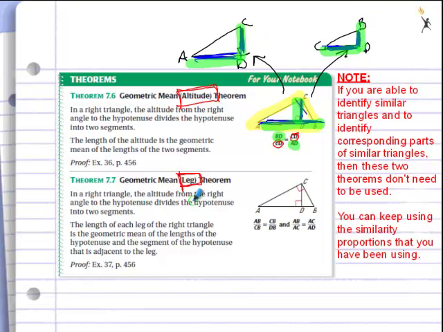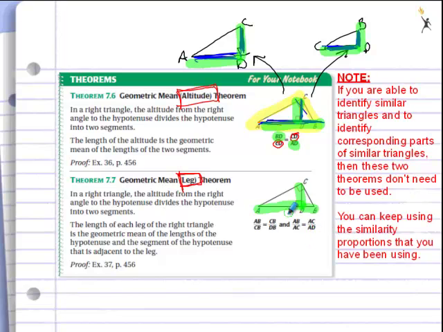Then let's look at the geometric leg theorem. In the geometric leg theorem, it tells me, in a right triangle, the altitude from the right angle to the hypotenuse divides the hypotenuse into two segments. Still talking about AD and DB.